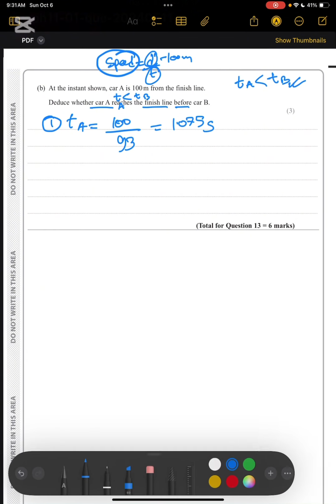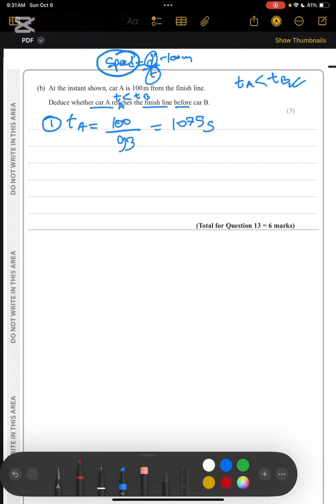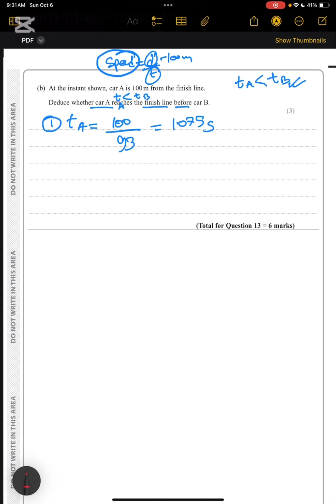Right now what we have to do is to find out time of the car B. Finding the time of car B will be a bit difficult because the car B didn't have constant velocity, it has acceleration. Car B had acceleration, so we have to use the formula S is equals to ut plus half at squared, where we know the displacement is 109 meters.